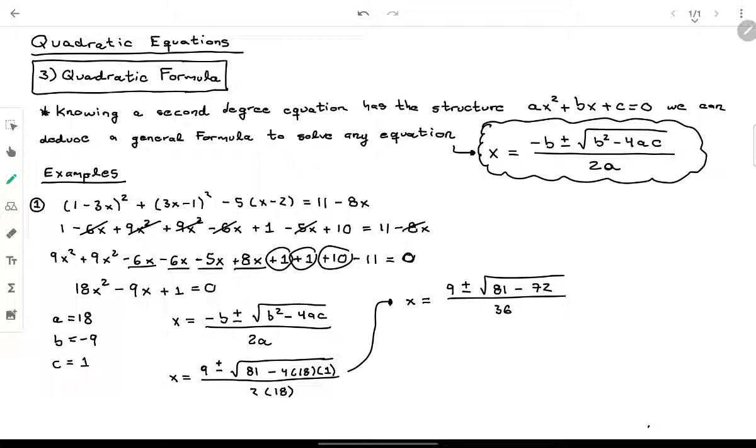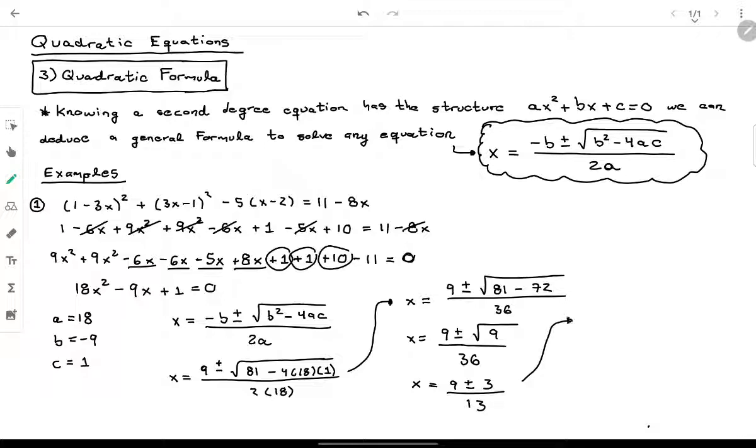So in this case, it's going to be 81 minus 72, x equals 9 plus minus the square root of 9, all of it divided by 36. So it's going to be x equals 9 plus minus 3, all of it divided by 36.